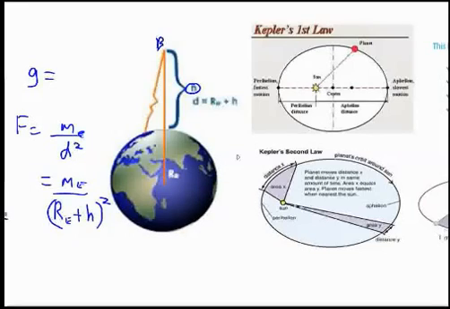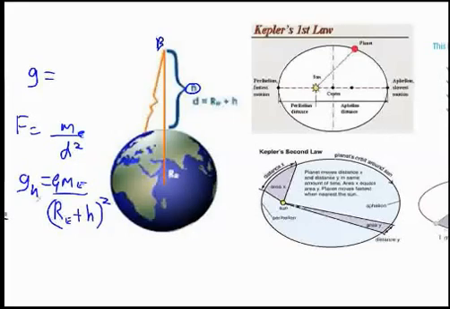Mass of the body is immaterial. There is something called the gravitational constant also, G. So we can state that the acceleration due to gravity at a distance h is equal to G into Me divided by (Re plus h) whole squared.